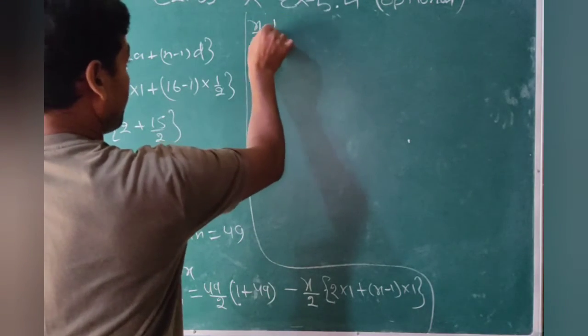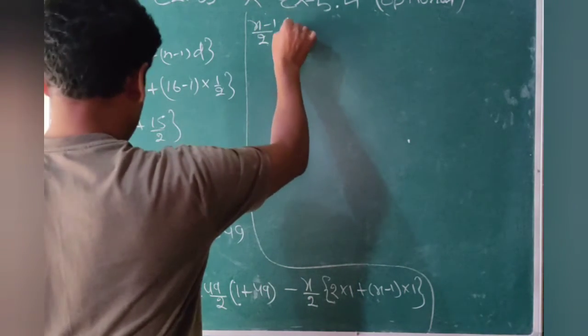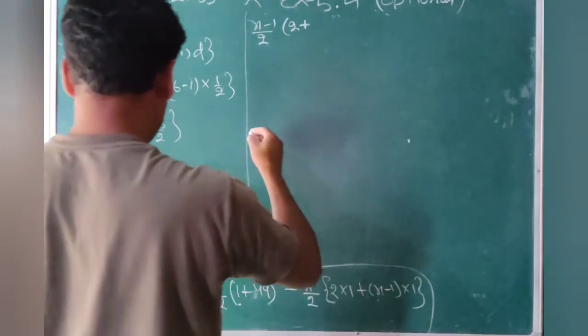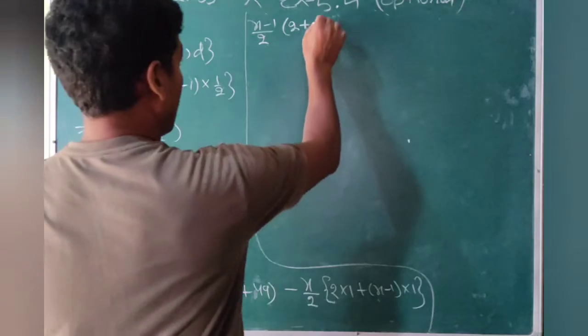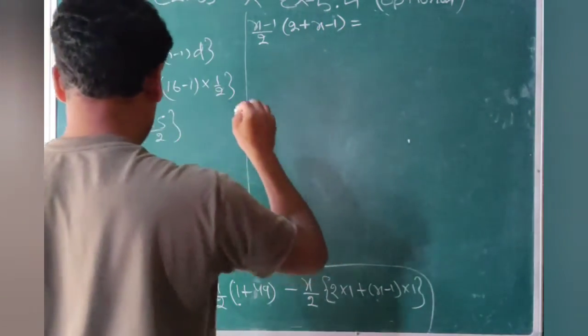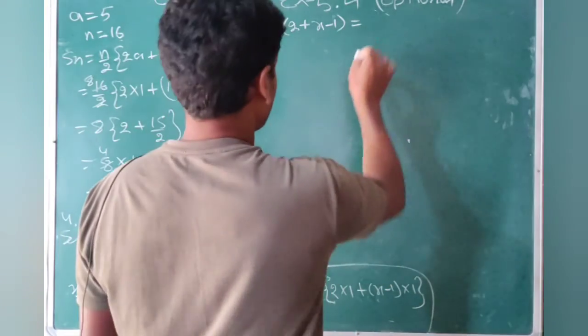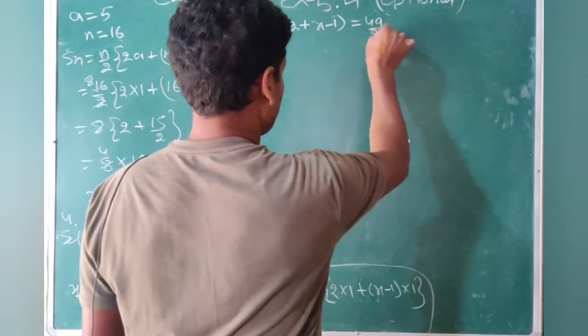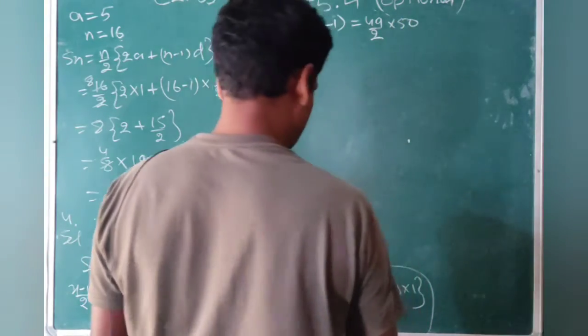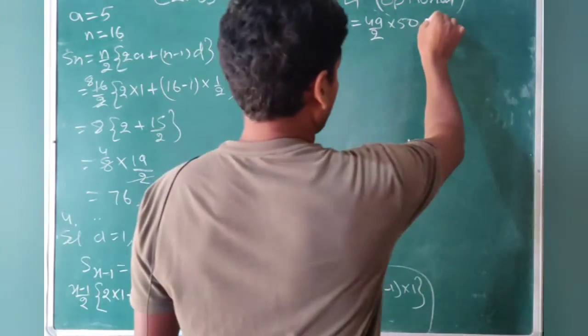(x minus 1) upon 2, that will be 2 plus (x minus 1) is equal to 49 upon 2 multiplied by 50, and then this value will be minus.